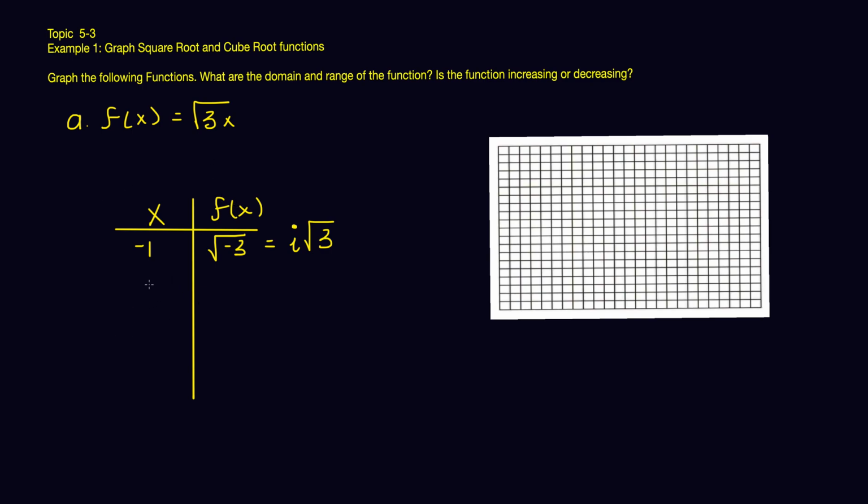The next one I'm going to do is 0. The square root of 0 is going to be 0, because 0 times 0 is 0. So 0 squared is 0, which means the square root of 0 is 0. Now, I'm dealing with a square root here, so I want to continue with the squares so I get whole numbers.